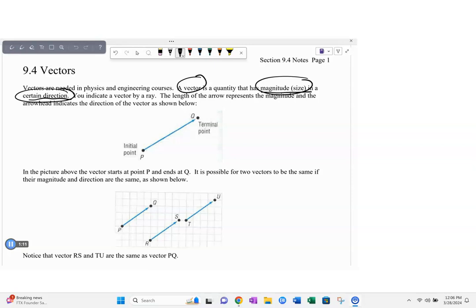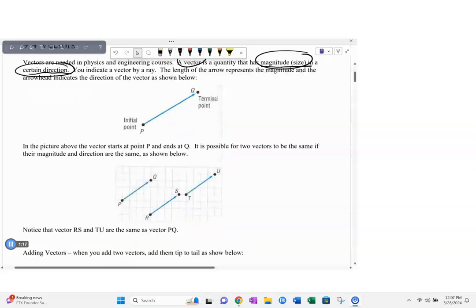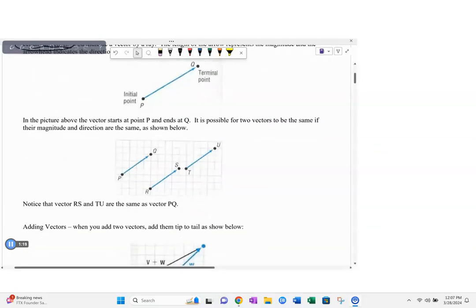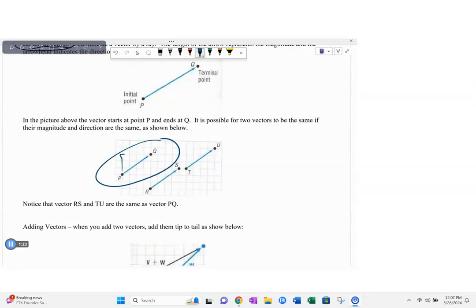If a vector has the same direction and the same magnitude or length, like here, see how I'm going up 3, 1, 2, 3, and then right 4. This one also goes up 3, right 4. This one also goes up 3, right 4.